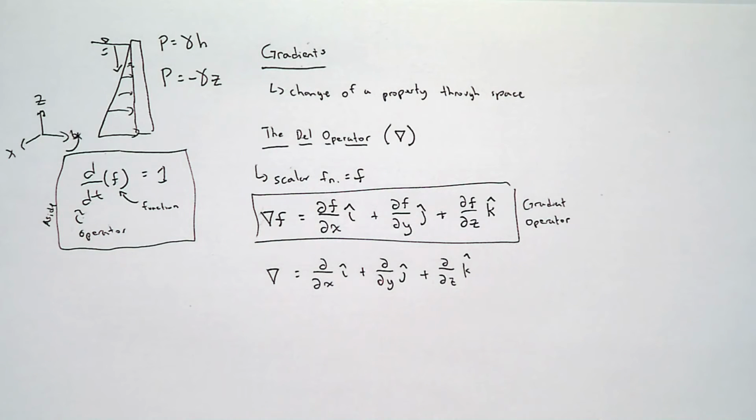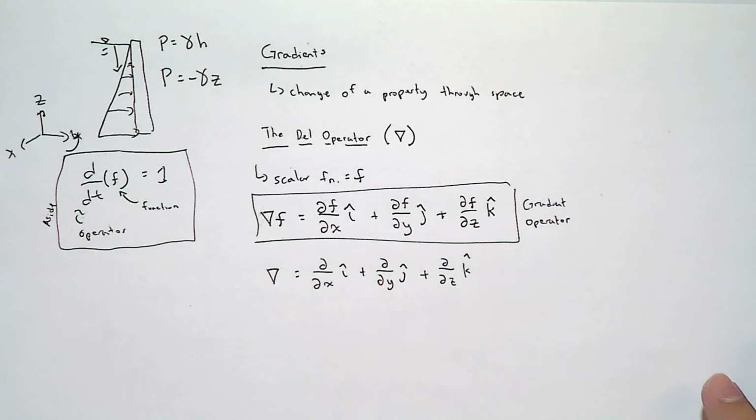It's not a vector with a magnitude of dou x. It's an operator. In other words, this cannot exist on its own. It needs to be affixed or combined with a function. So the gradient operator gives us the change of a fluid property, or any property, with respect to space.